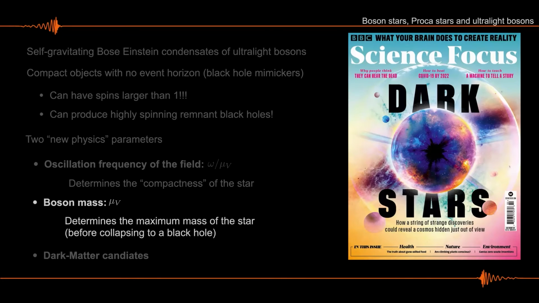Then there is the mass of the particle forming the star, which, once you have the frequency, tells you the maximal mass this can have before collapsing to a black hole. This is important because we want the remnant that is forming to be massive enough to collapse to a black hole, because otherwise there is no way to reproduce the LIGO-Virgo signal.